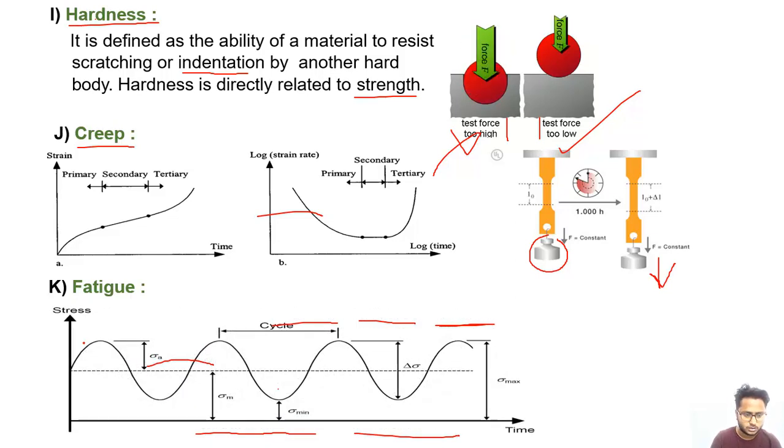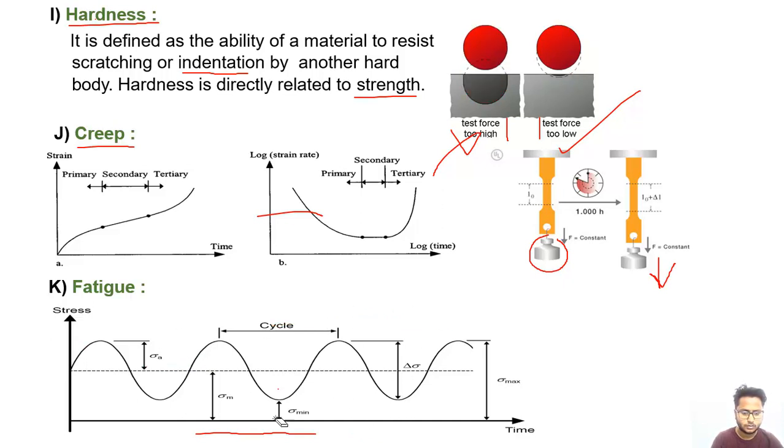We can see this is the stress, applied at a high maximum value, going to a minimum value, maximum value, minimum value. This is the value of force applied on the material, which causes a sudden fracture at a lower value of force because of fatigue loading.